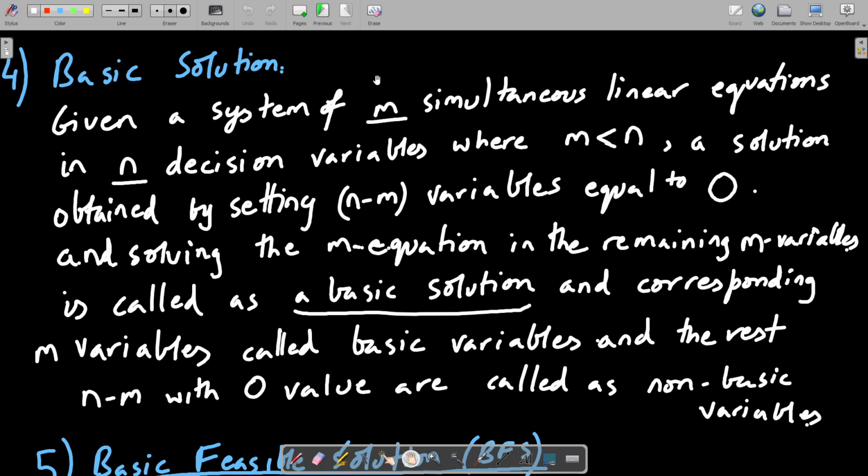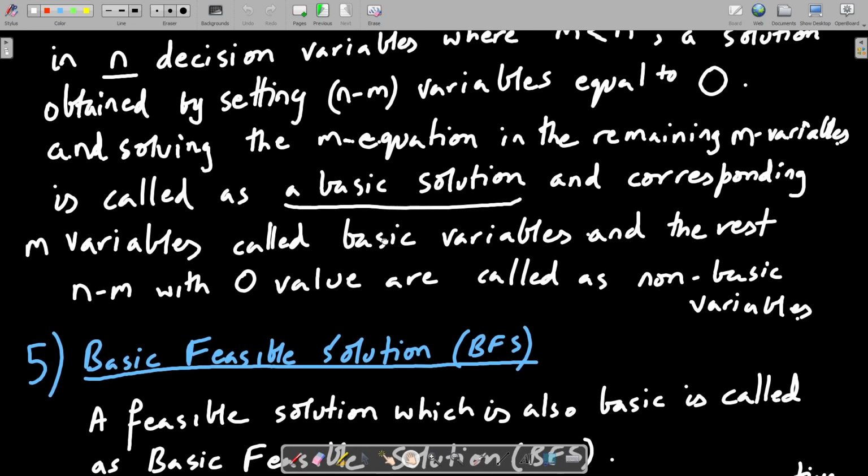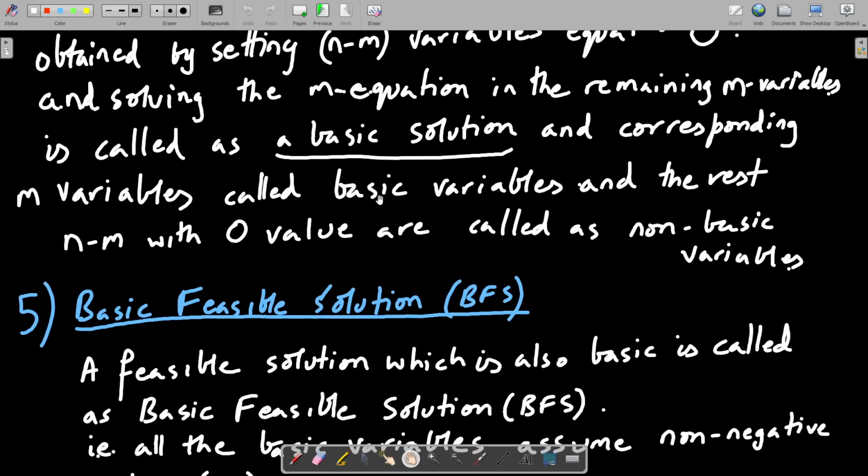Had you seen the word basis last semester? Basis is actually a linearly independent generator of a set. Anyways, I'll explain to you later what the basis is.